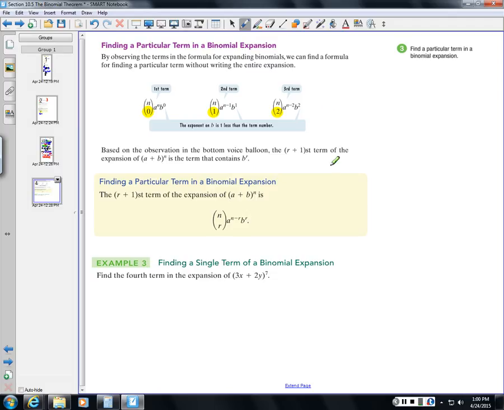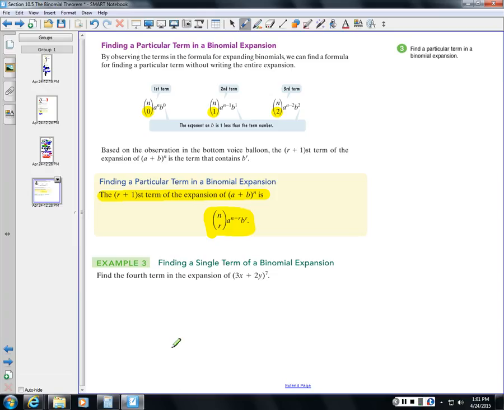So again, you can almost jump right to a particular term of the expansion. The (r plus 1)th term of the expansion is n above r times a to the n minus r, b to the r. So the formula is exactly the same as the binomial expansion.